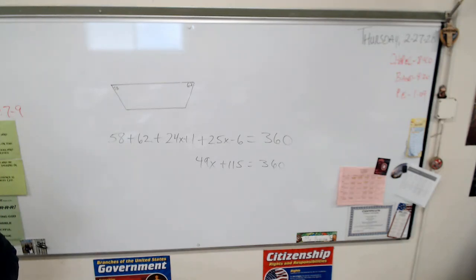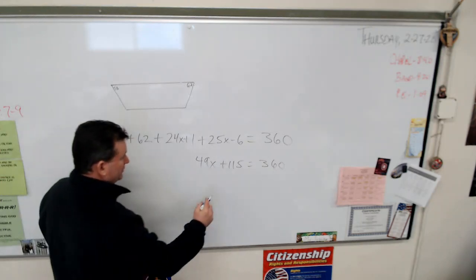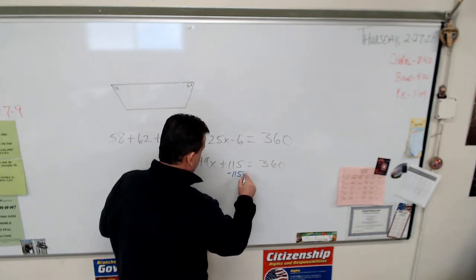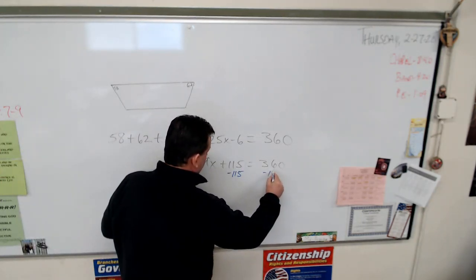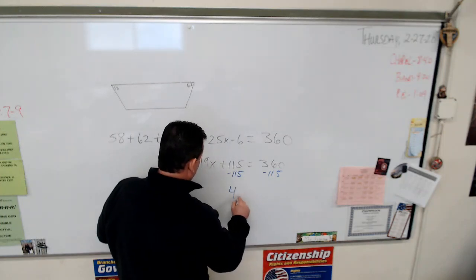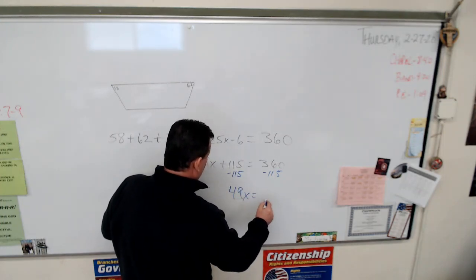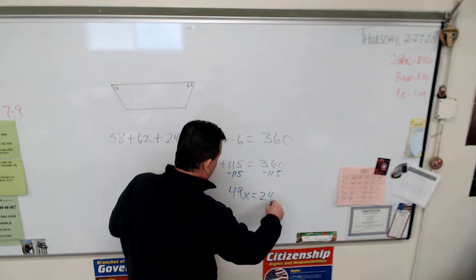How do I get rid of the plus 115? Subtract. Do the opposite of addition, subtract from both sides. So now I got 49x equaling 245.